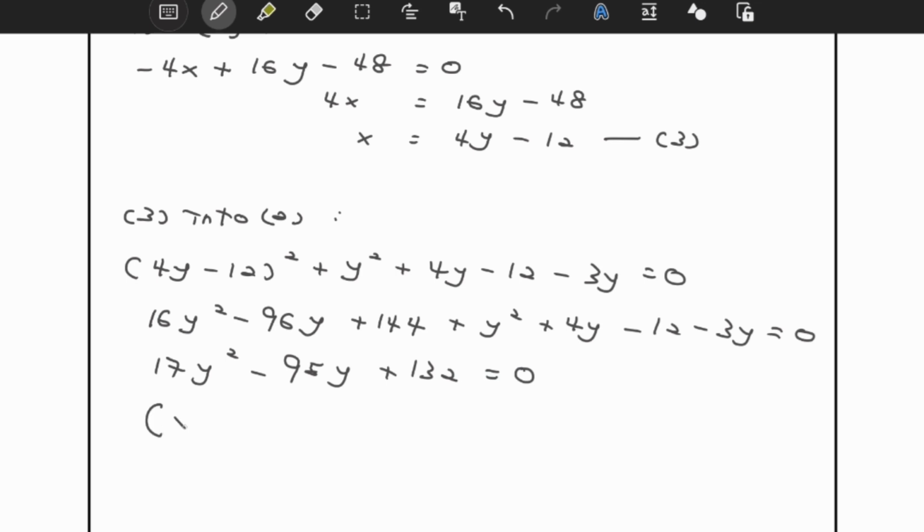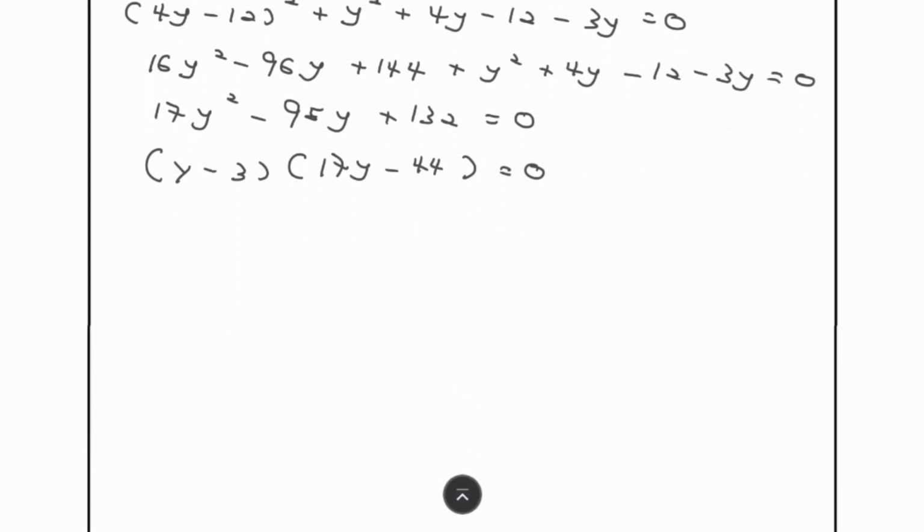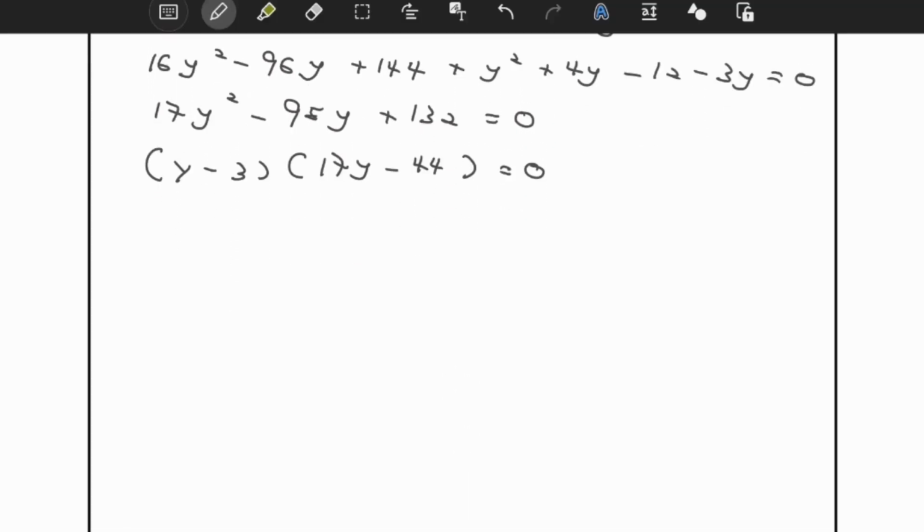Factorize, we will get (y minus 3) multiplied by (17y minus 44) equal to 0. So we have two values of y here: y equals 3 and the other one y equals 44 over 17. We will substitute these values of y into equation 3.